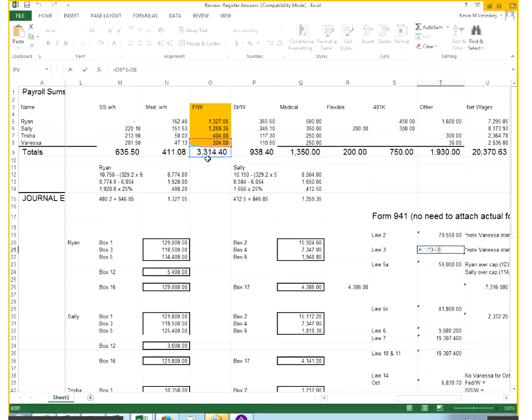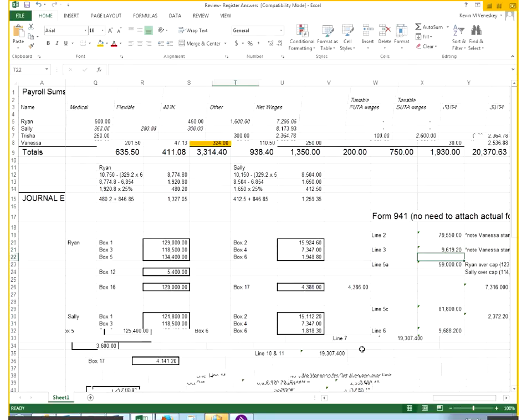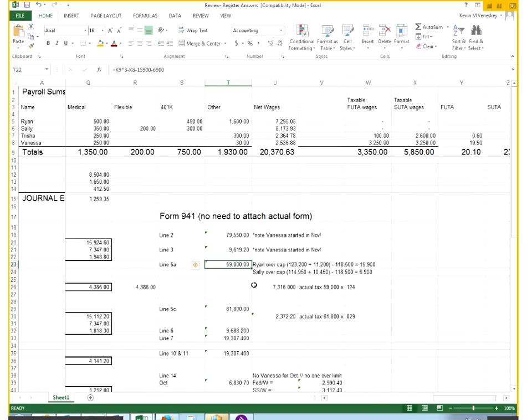I did the same thing to get my federal withholdings for that quarter. Whatever it was for the 1 month, times it by 3, and then back out one of Vanessa's pays. The hardest part is probably line 5A, knowing how much in wages were actually taxable for Social Security.